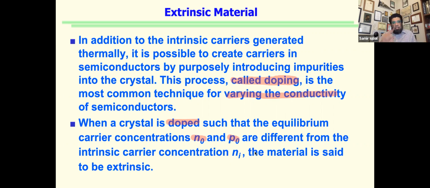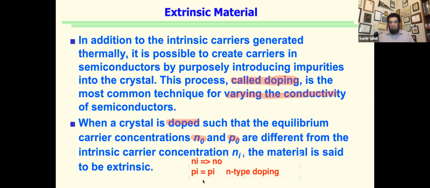It would be written as N naught or P naught. But you have to remember, if you are introducing an N-type semiconductor, then we are only changing N. So Ni would become N naught, but Pi would stay what it was. There'll be no change in Pi. This is when we are doing N-type doping.